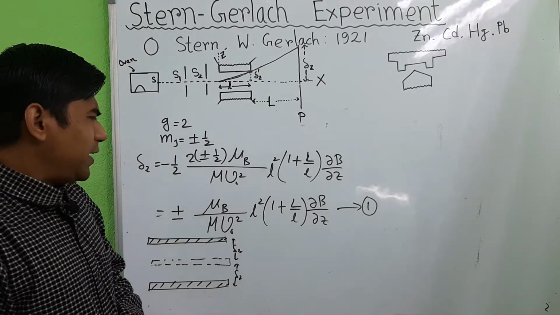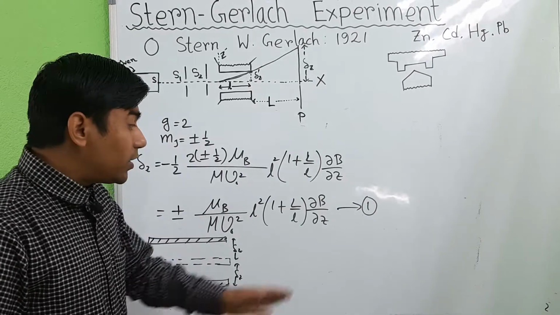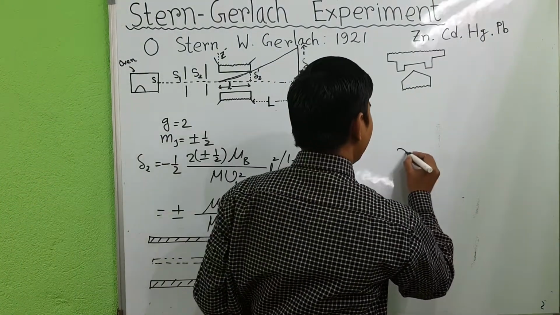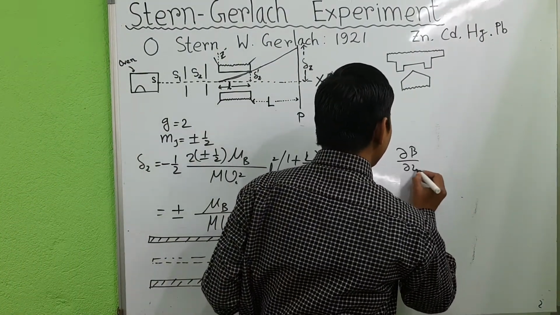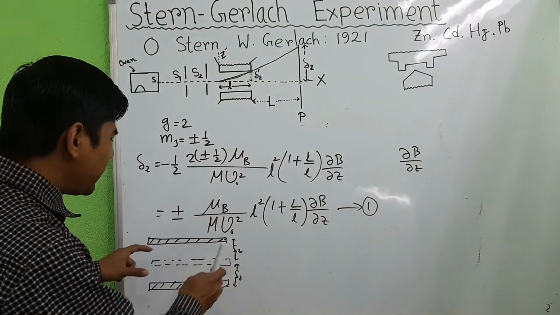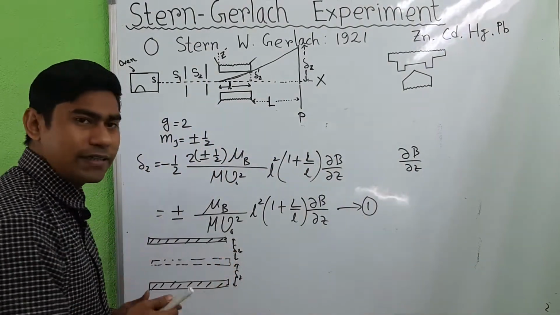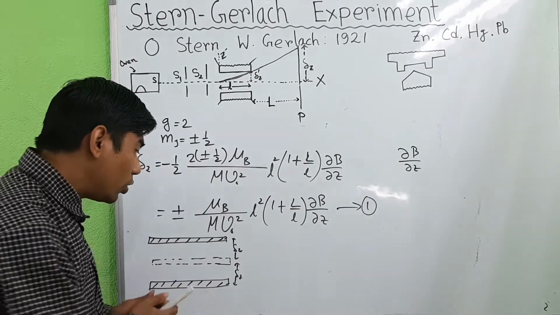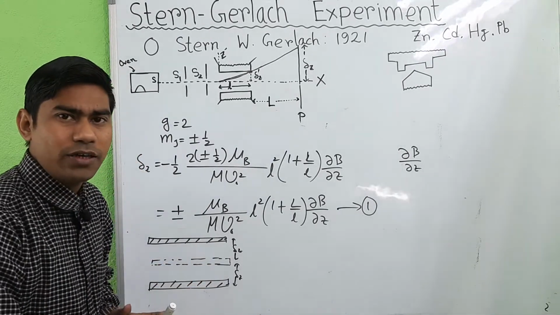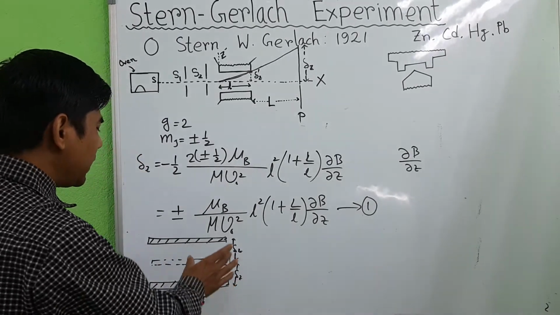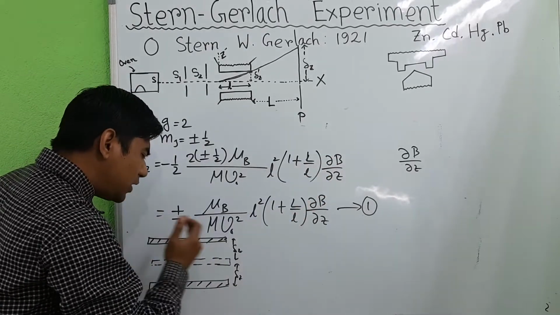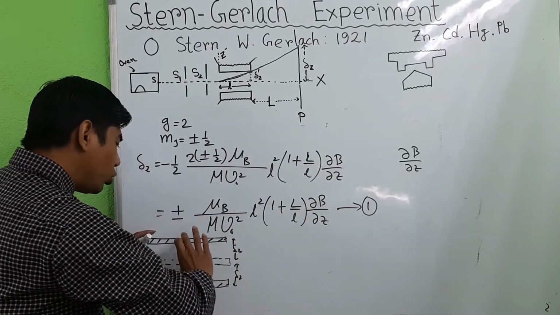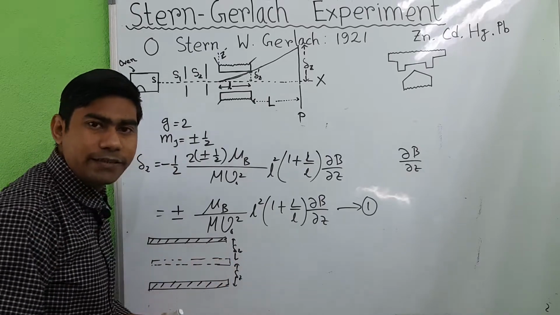Now, in actual practice, the field gradient dB/dZ decreases both in the positive and negative direction to become 0 beyond a distance.